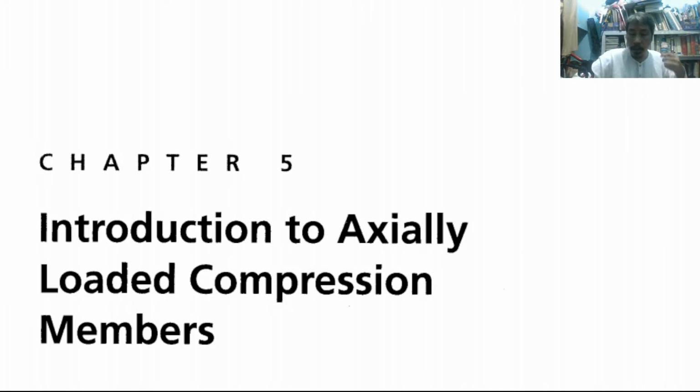Okay, so after having your footings, your foundation, then we will be ready to put up the column. And again, column is one very constructive example of compression members. So actually, column is an axially loaded compression member.